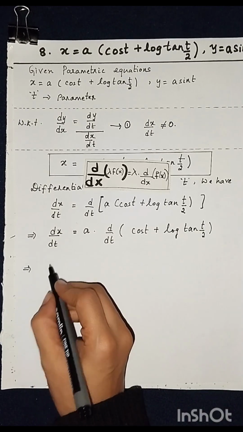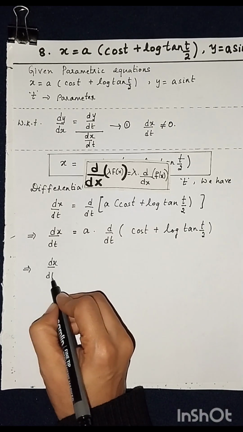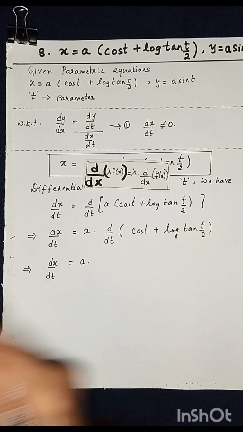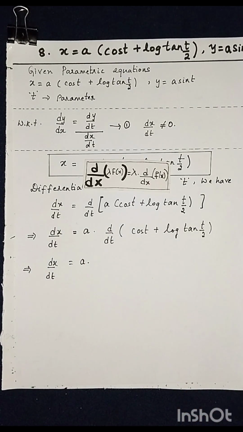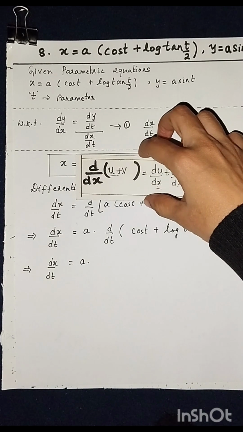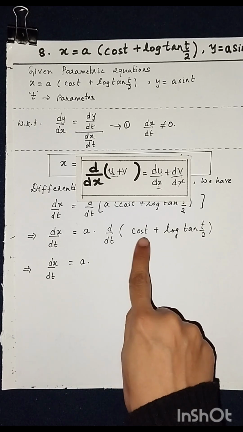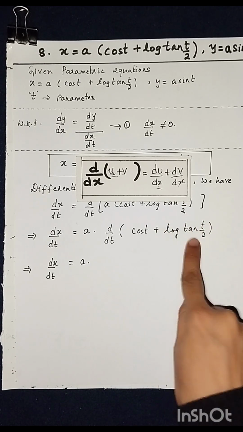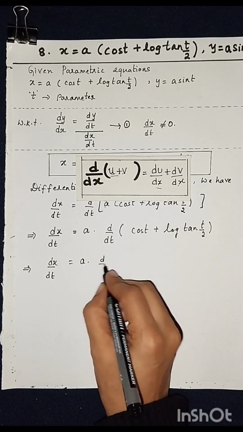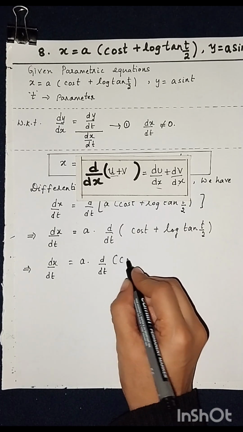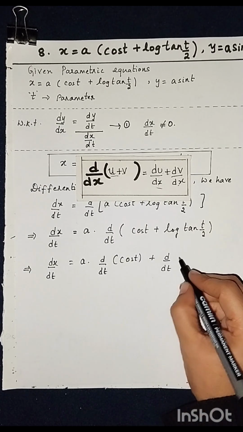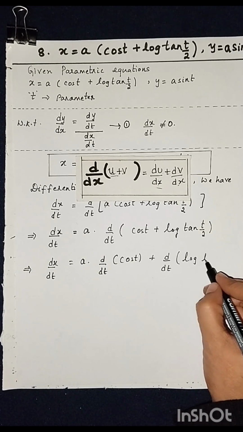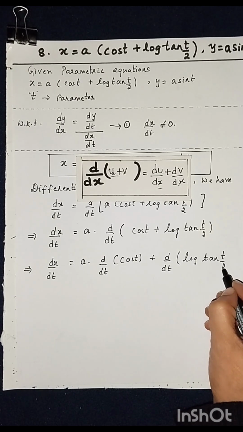Now this implies dx by dt is equal to a into, now here we have d by dt of function plus function, so we will apply the u plus v rule. So we will get d by dt of cos t plus d by dt of log of tan t by 2.